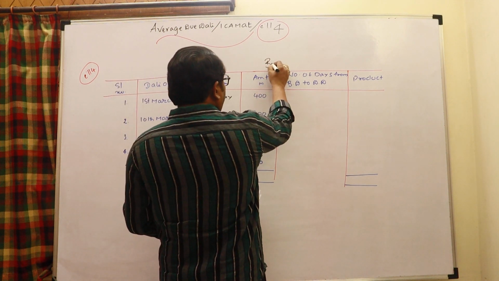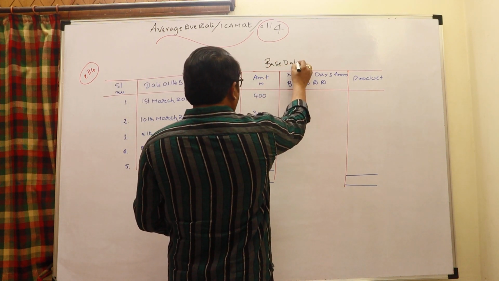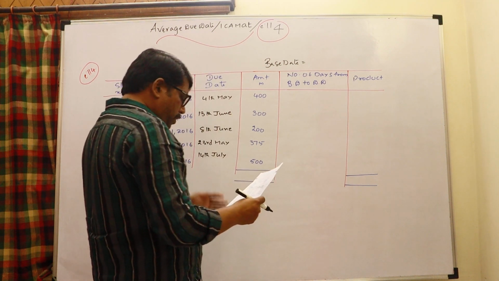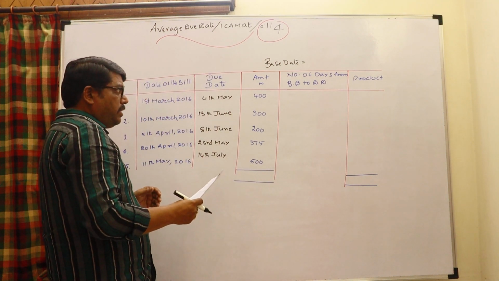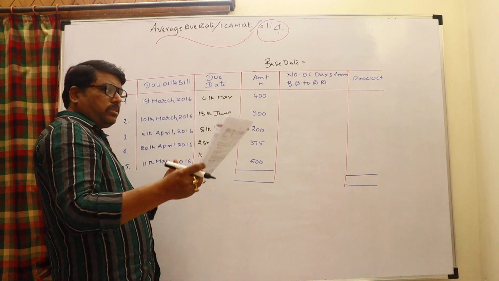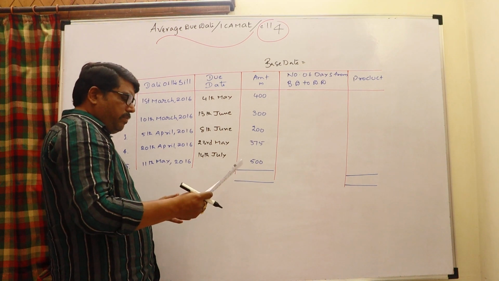One of these dates you can select as a base date. Better to select the earliest date. If you select the earliest date as the base date, all the numbers of days will come out positive, the products will also be positive, and the sum is very simple to solve.